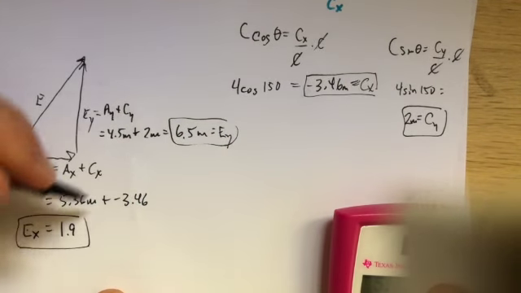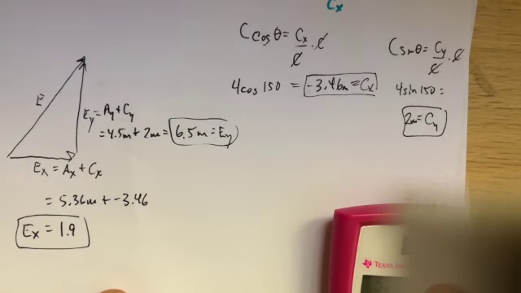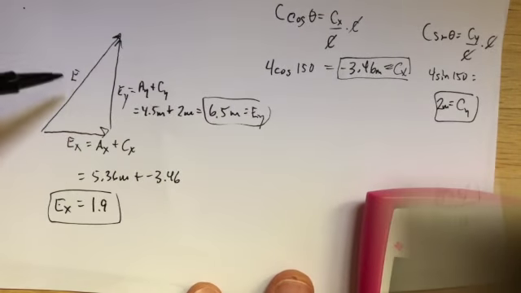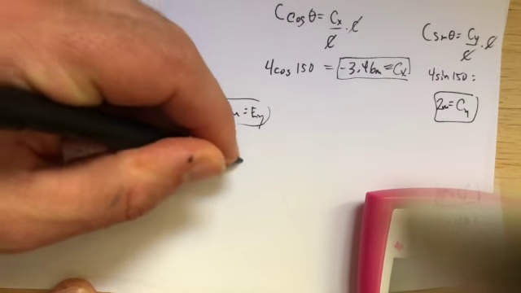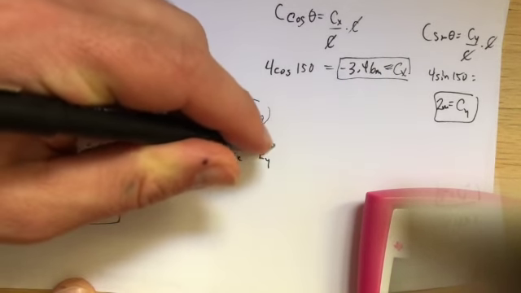So EX is 1.9, EY is 6.5. To use the Pythagorean theorem to find E, we go E squared equals EX squared plus EY squared.